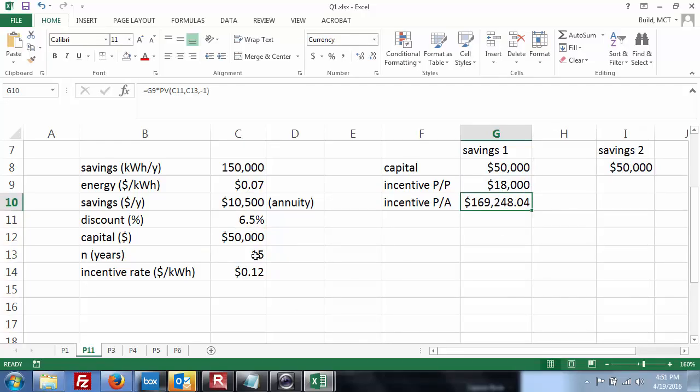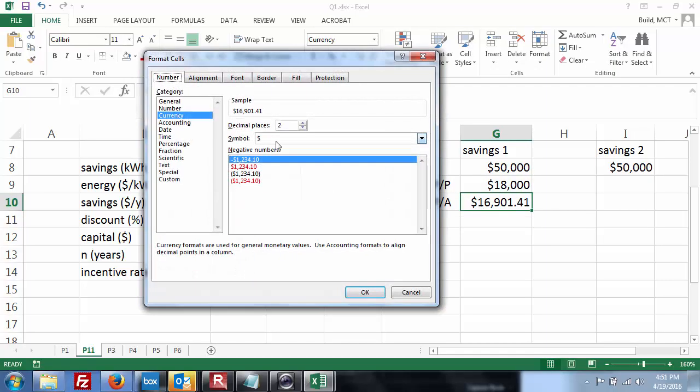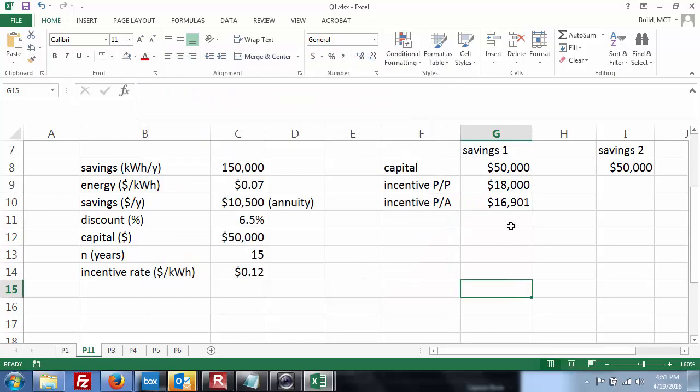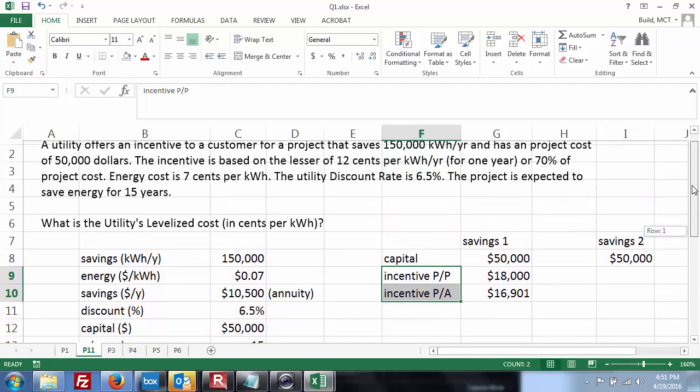Oh, it's actually C13, it's only 1 year though. Yeah, that makes more sense. It's not the 15. Yeah, because it's the 1 year. So basically, 18 grand at the end of the year is worth 16.9 right now. Gotcha. So it's going to be one or the other of those. So I'm just kind of hedging my bets to make sure I did them both right. Okay.